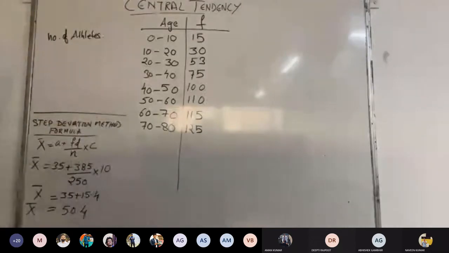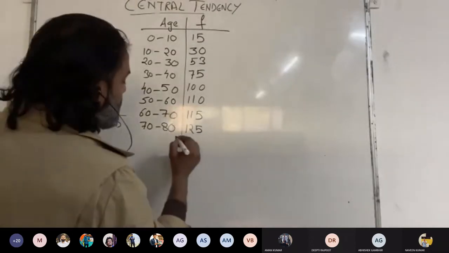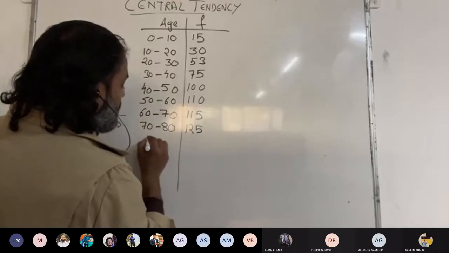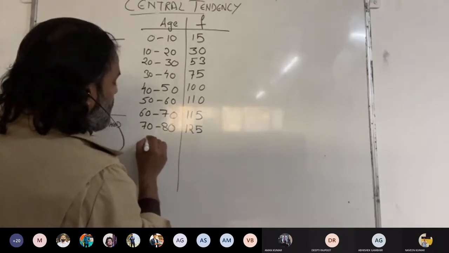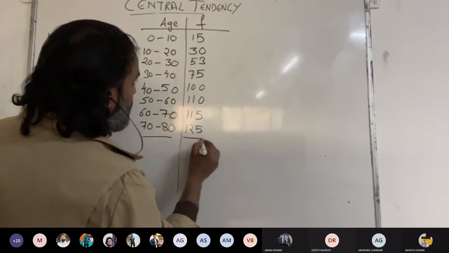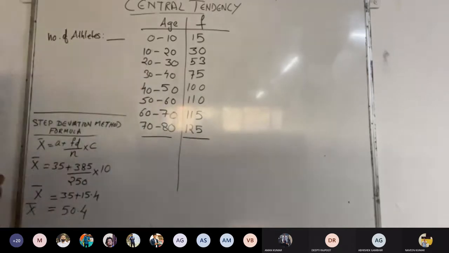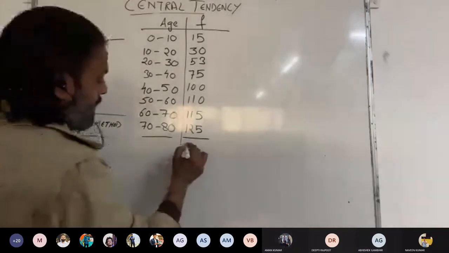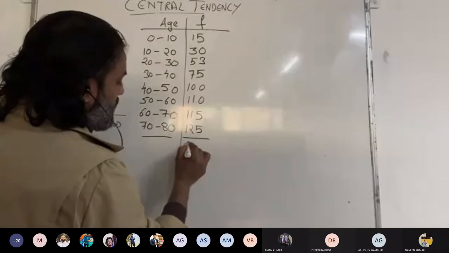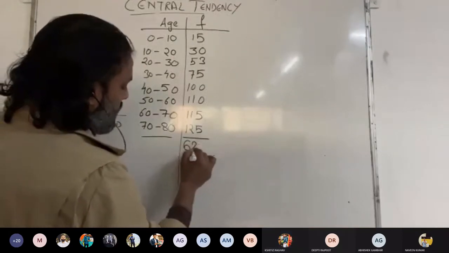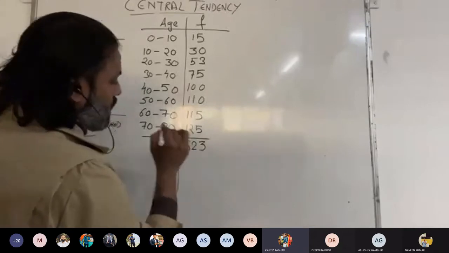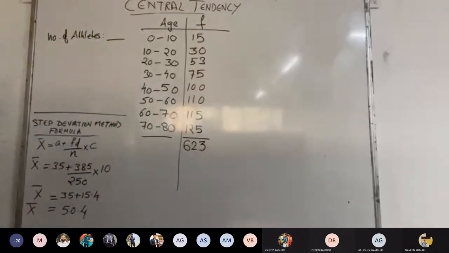Please let me know the number of athletes. 623. Where should I write? Beneath the F column? F column, sir. Yes. What is the score? 623. 623 is the total number of athletes. I hope you are getting the logic.